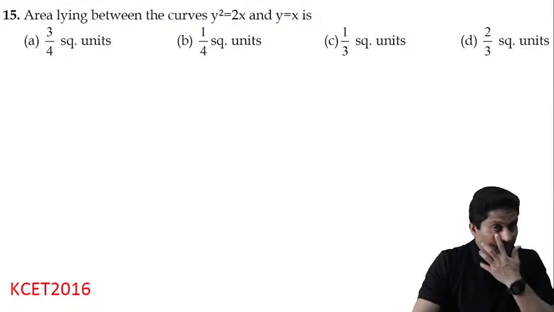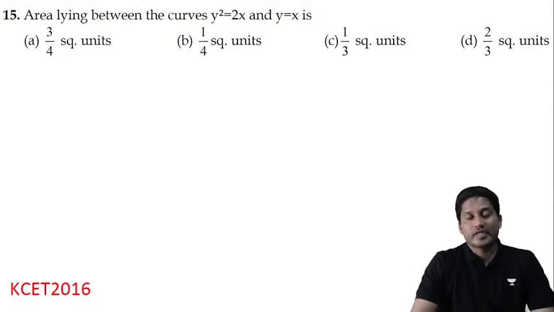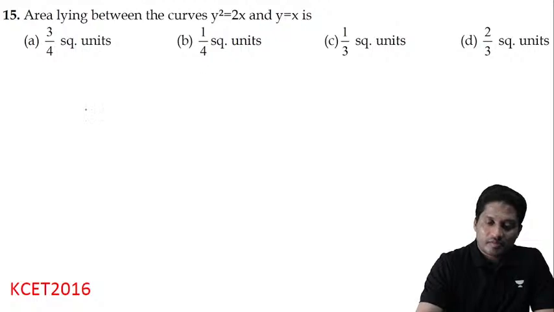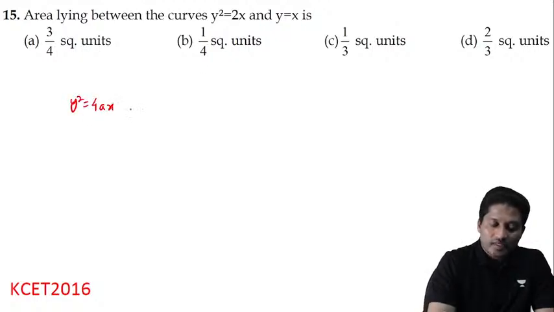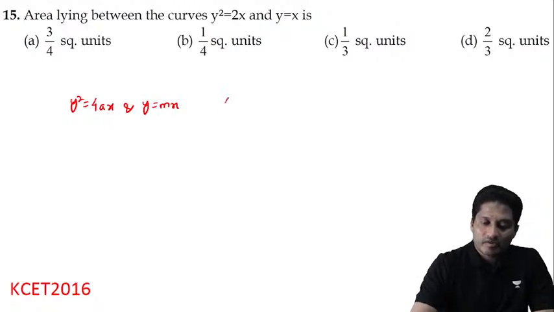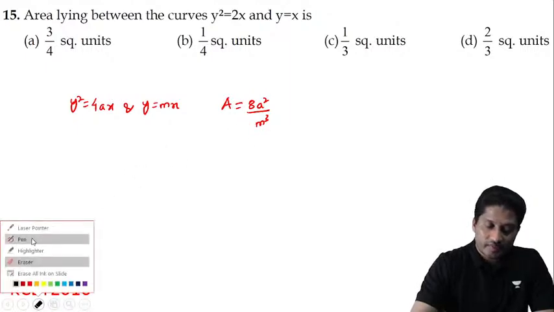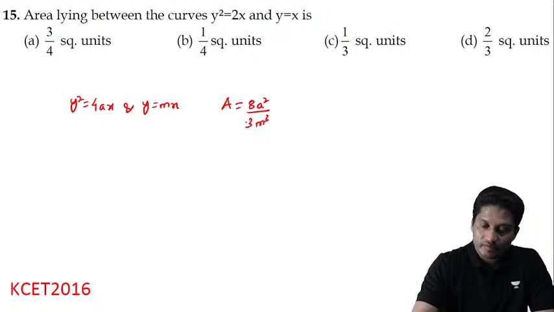Area between the curves. I have given you in my earlier videos as well the shortcuts for how to find area enclosed between curves. Suppose y square is equal to 4x and the line y is equal to mx, area is equal to 8a square by 3m cube.